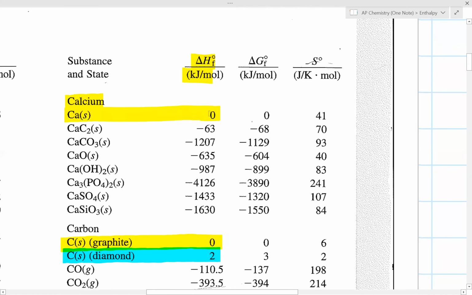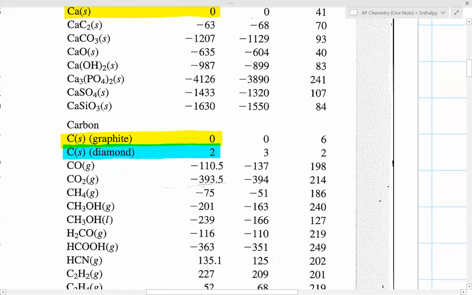Okay. Now, carbon is special because there are two forms, one that is graphite and one that is diamond. Graphite, you could think of as the carbon that you get when you burn a piece of wood. That would be considered coal or graphite.